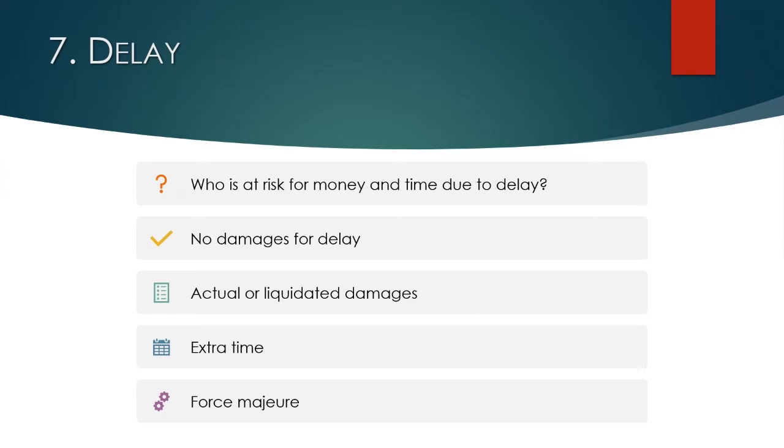No damages for delay clauses are quite obvious. Actual or liquidated damages is a topic worth considering. And I would suggest that you don't have a knee-jerk reaction to LD clauses. They can be your friend if negotiated appropriately. And in the alternative, if you don't have an LD provision, then you're open to actual damages.